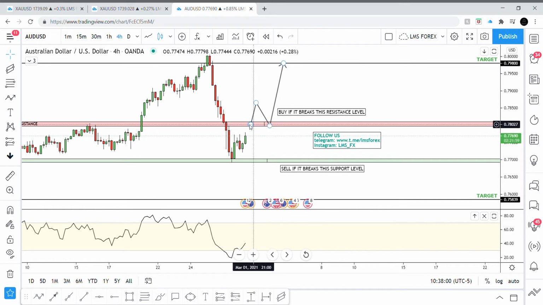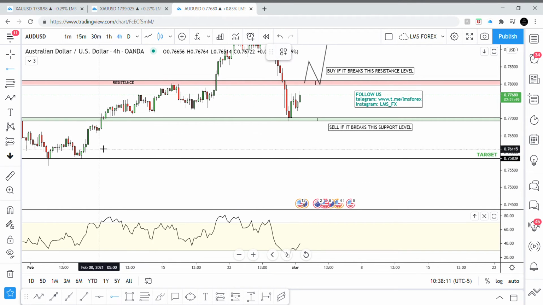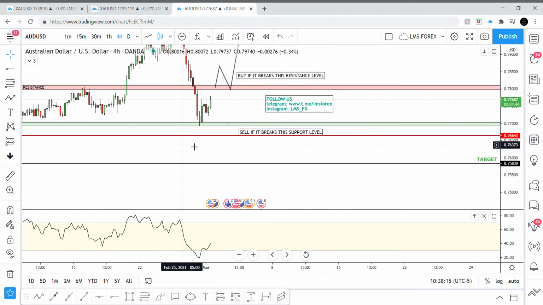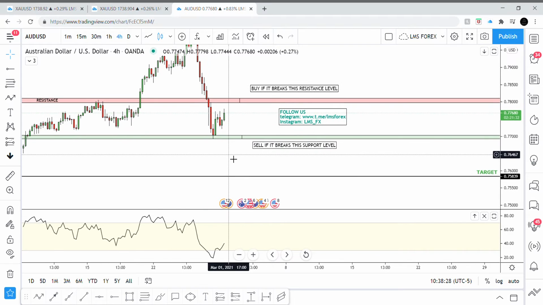Any trades above this area right here is a perfect setup because we have clean traffic on this side. Here you also have a support, and the next one is right down here. Anything that goes down around here, we have to see what the price will do, and we can target the next level also. In other words, anything on top of this resistance or below this support level is what we'll be interested in.